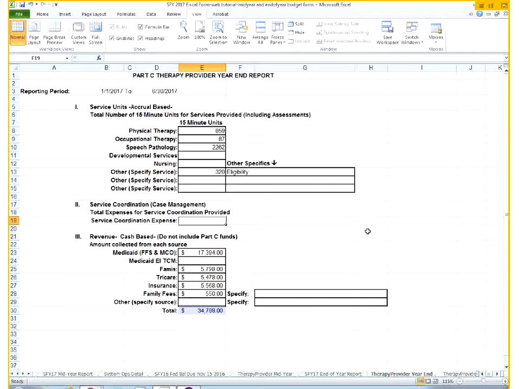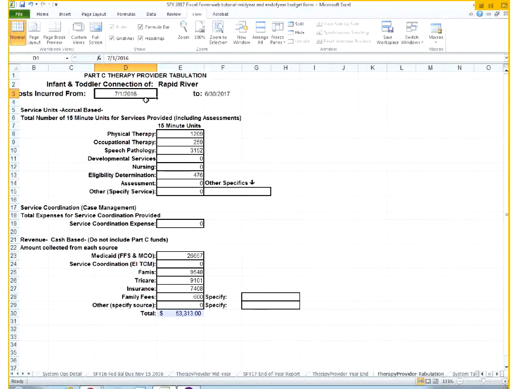And now we're going to move over to the therapy provider tabulation. For this report, you type in the start date, which would be the beginning of the fiscal year, and then you use the drop down to choose your end date.